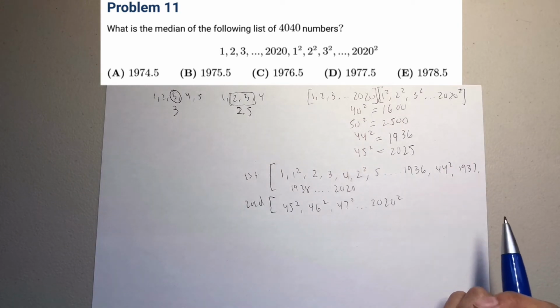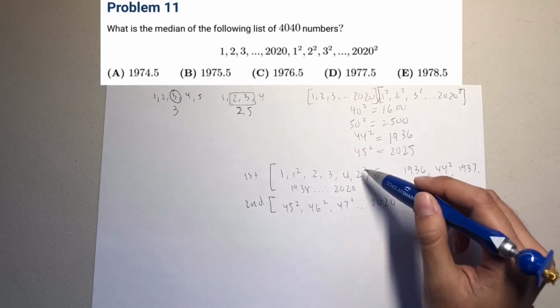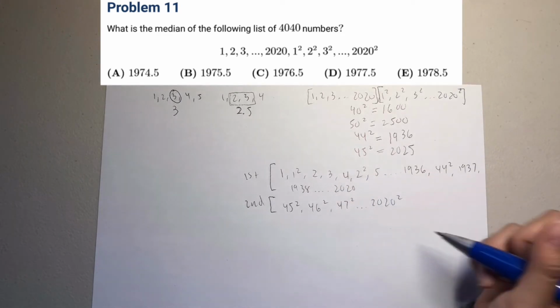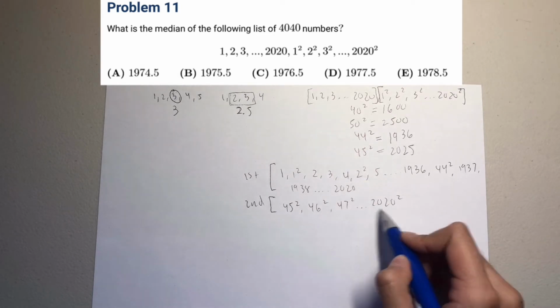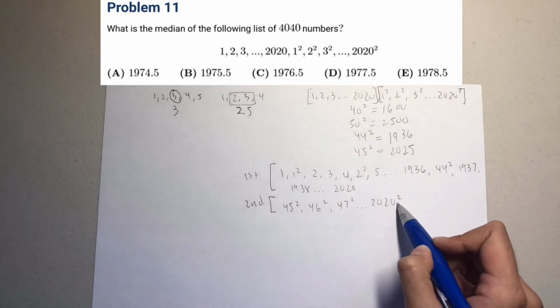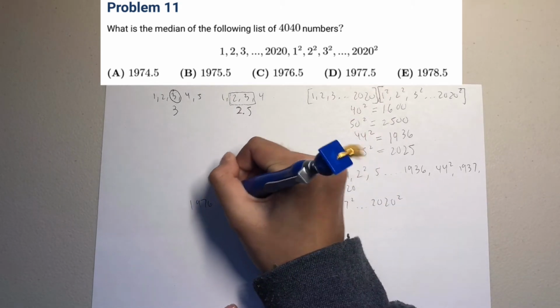And so what I'm going to do is count how many numbers are in each part of the list. So obviously in this part of the list, there is 2020 minus 44. There are 1976 numbers.